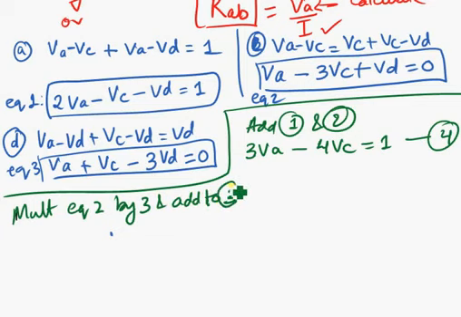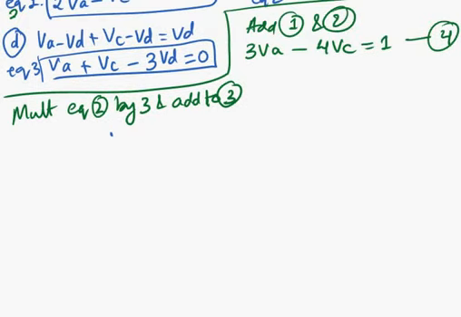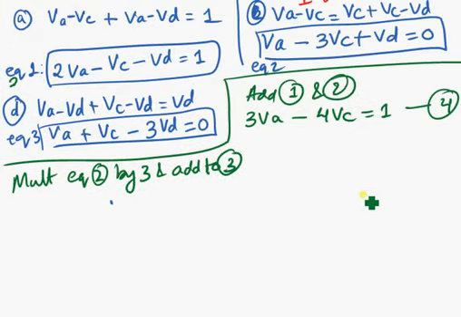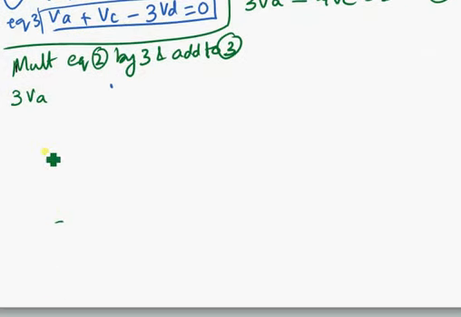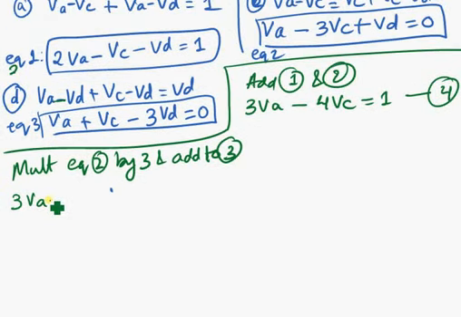Multiplying equation 2 by 3 gives 3VA minus 9VC plus 3VD equals 0.